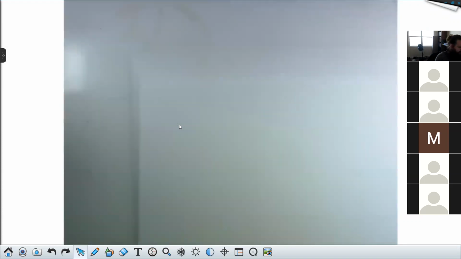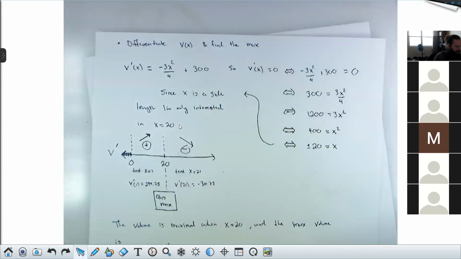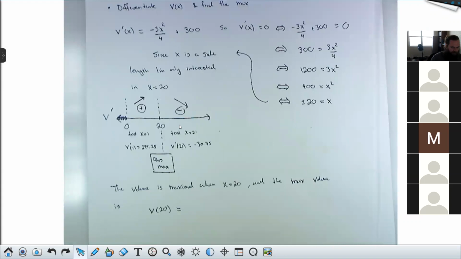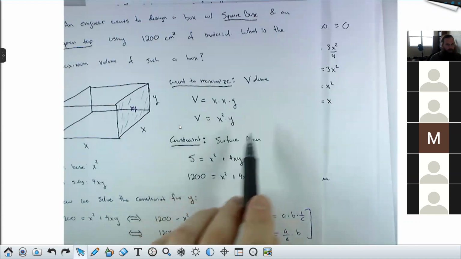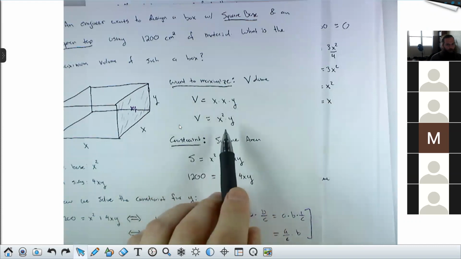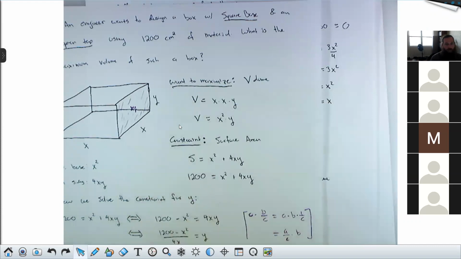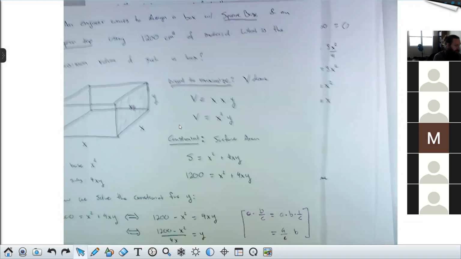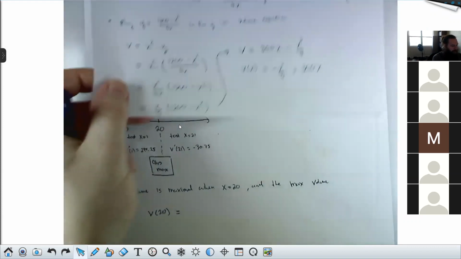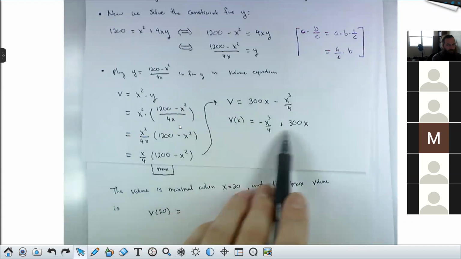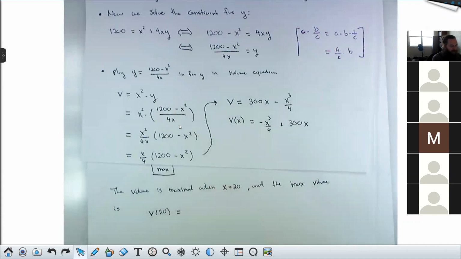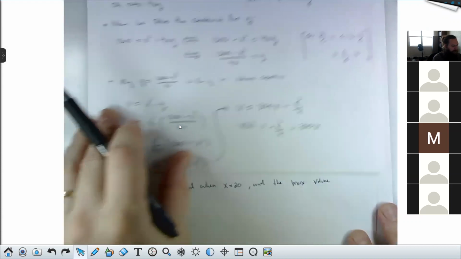Where was my start? So my volume equation, there's a couple catches here. There's a few ways you can think of this. If you want to go back to the very original volume equation, the x squared times y, you would need to find y. But if I want to be lazy, remember, I've actually already expressed the volume strictly as a function of x. So I could also plug it into this version, and that saves me having to find y.